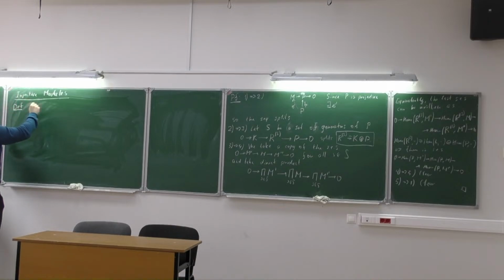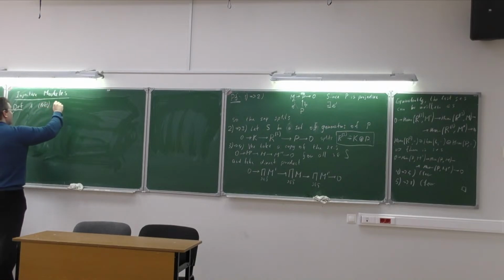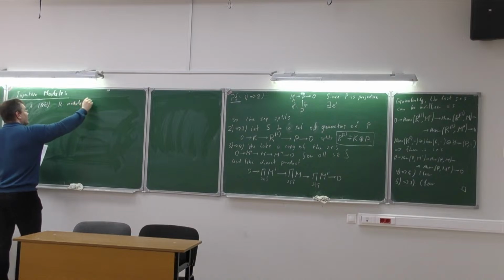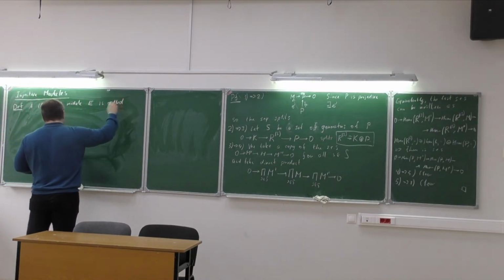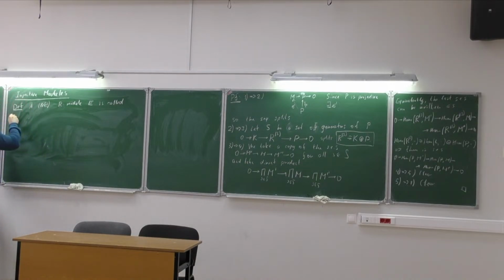So a left, it could be left, could be right, it doesn't matter. So a left R module E is called injective if it has the following property.